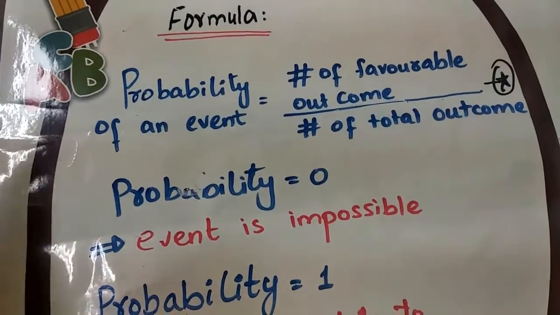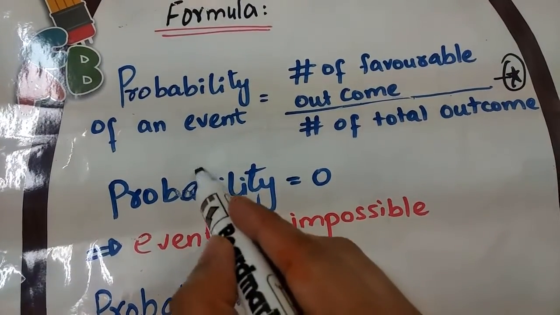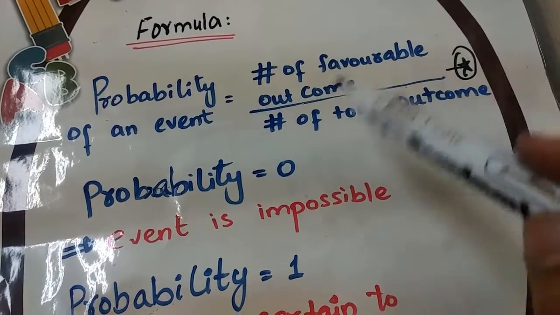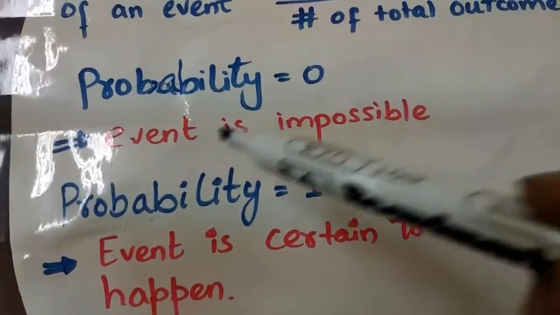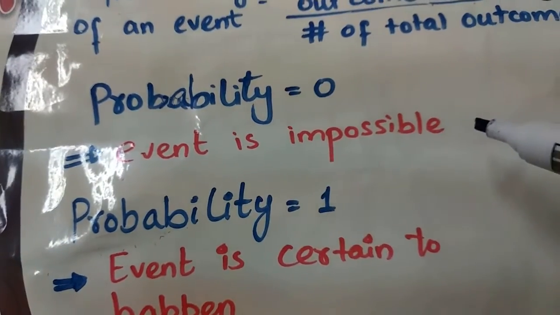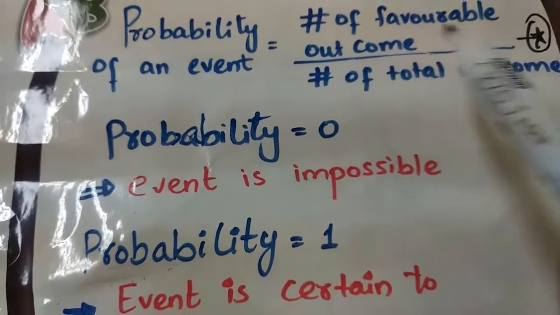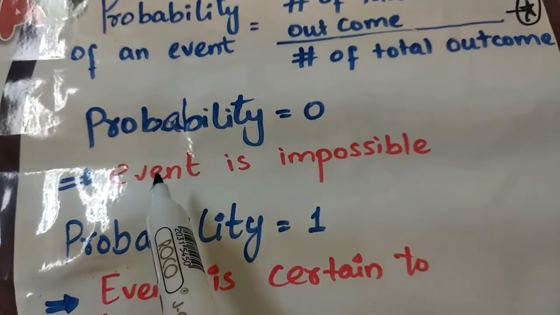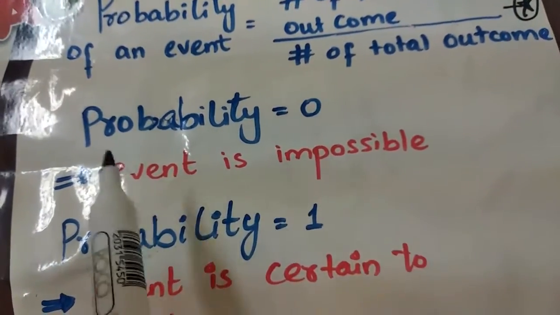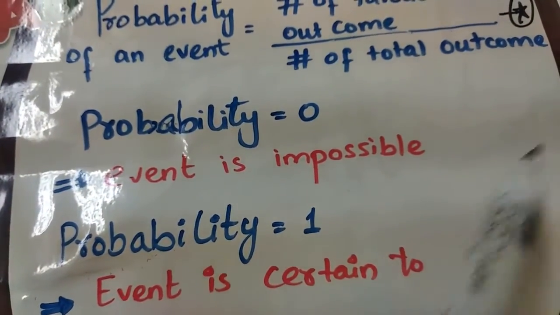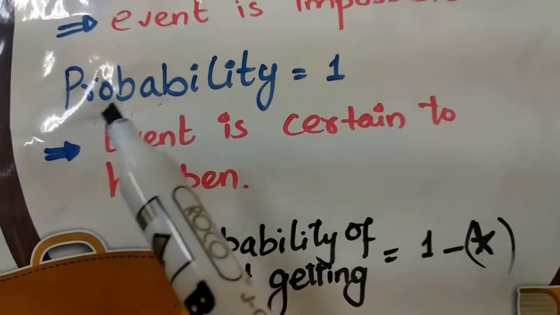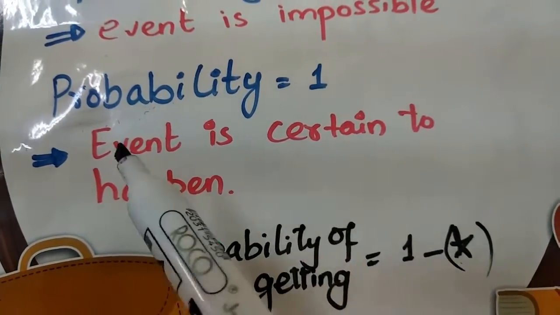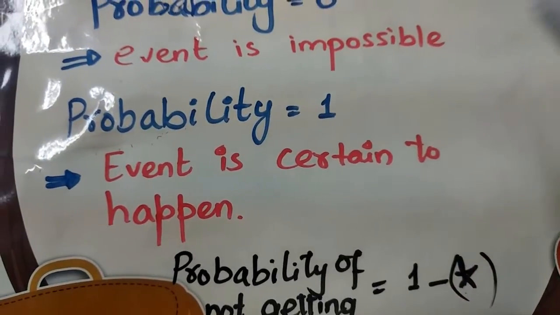So if we find this value equal to 0, it means the event is impossible to occur, that means the event is not going to happen. If the probability is equal to 1, it means the event is certain to happen.